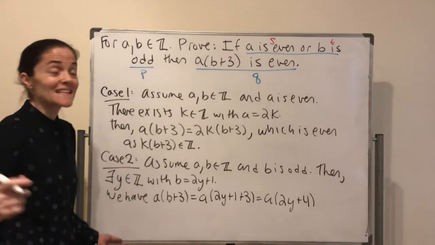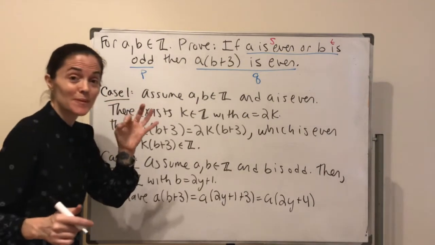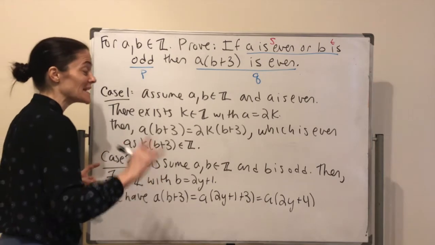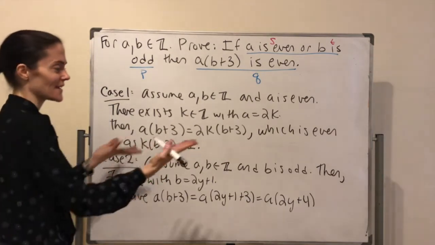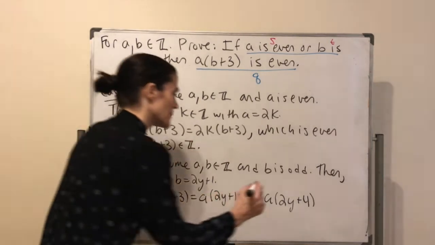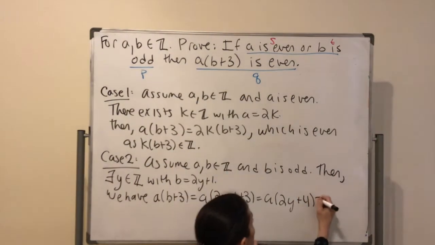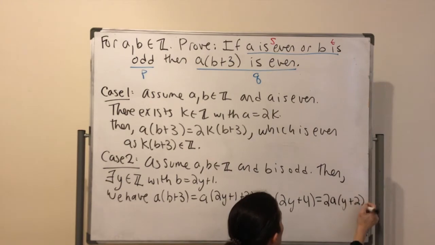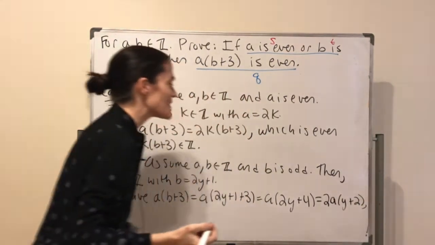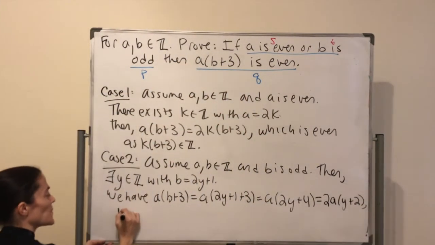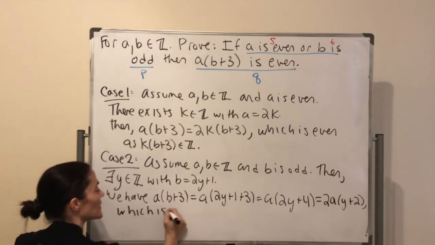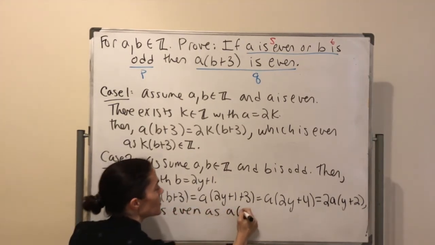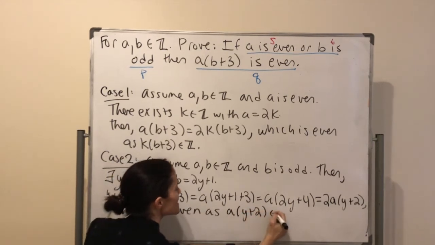Now I want a times b plus 3 is even. So what I want is 2 times an integer here, and I'm almost there. This is 2(ay plus 2). Now this is even because this ay plus 2 is an integer.